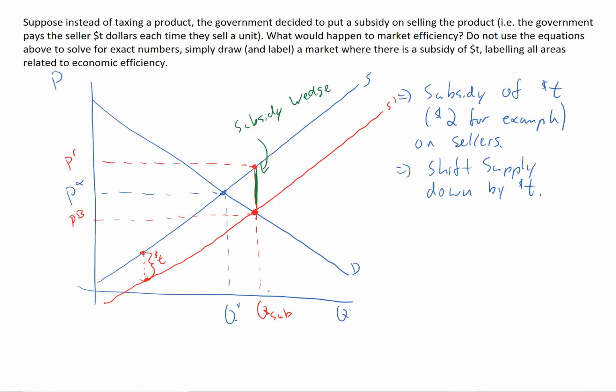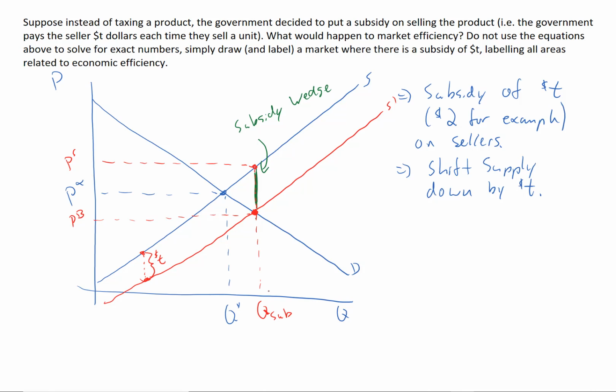With the assumptions we've been making, this means Q sub is going to be inefficient, because we have no externalities or anything like that right now. So we're going to get some kind of inefficiency here because we're not at the blue Q star. We're above it, and that's going to be inefficient.